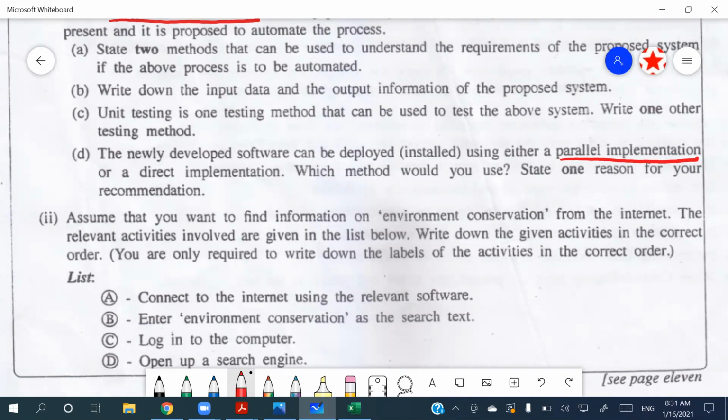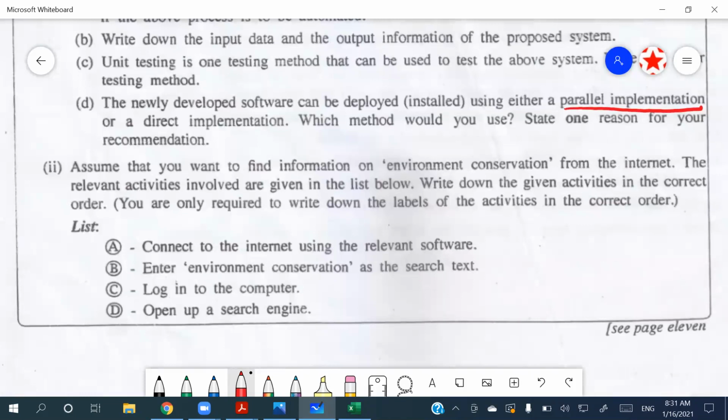So it says: connect to the internet using the relevant software; enter environment conservation as the search text; log into the computer; open up a search engine. Log into the computer will be first, so C will be at the beginning. Then open up a search engine, D will be next.